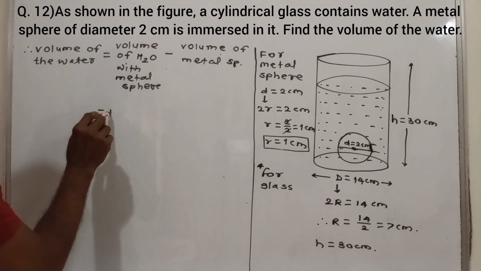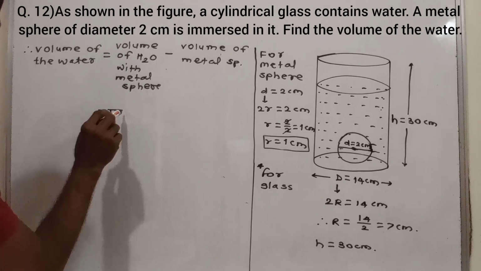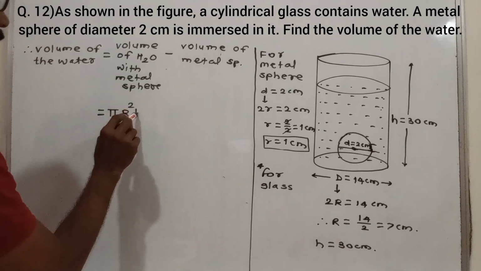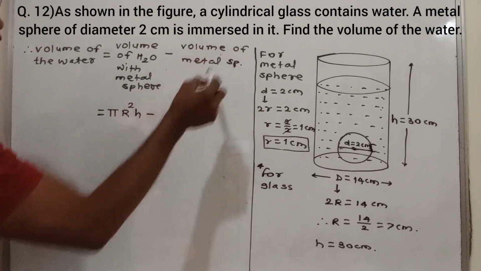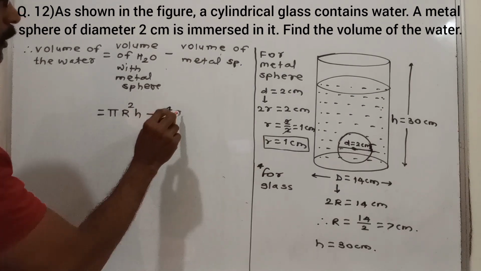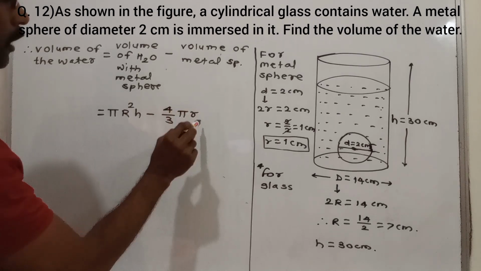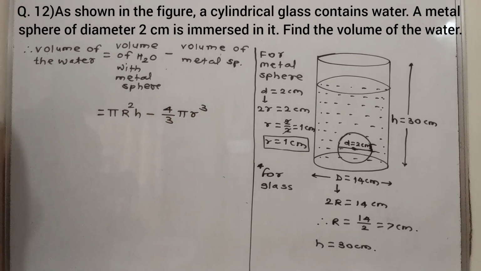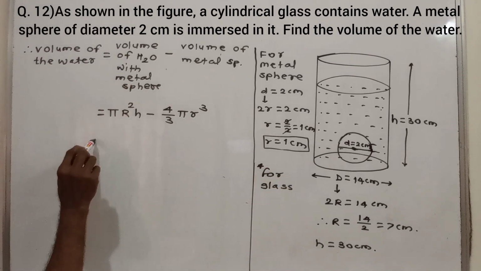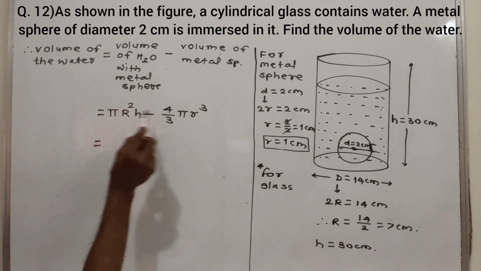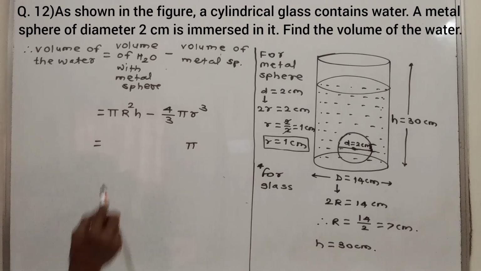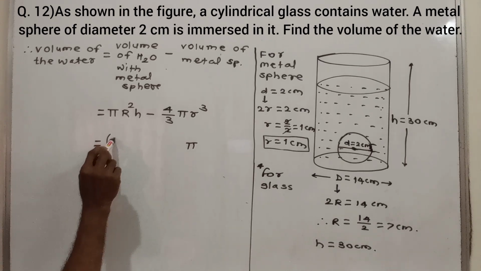What is volume? Pi r square h minus volume of metal sphere, 4/3 pi r cube. Therefore, in terms of pi, so we take pi common. Then what is left?